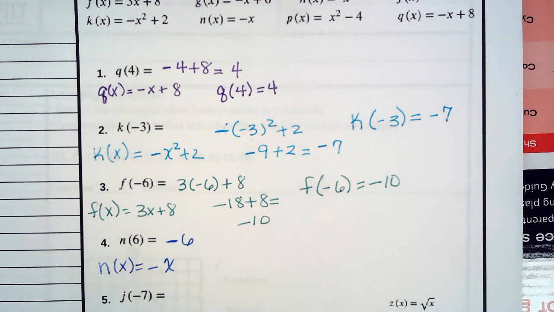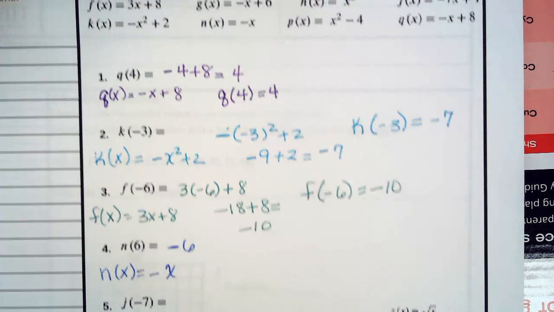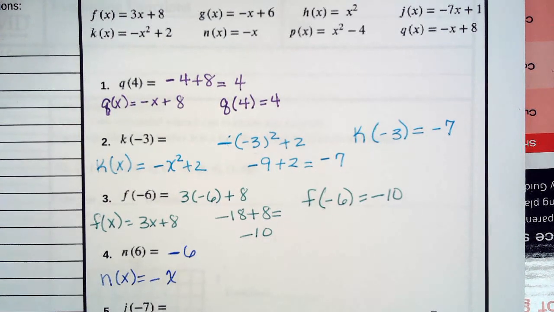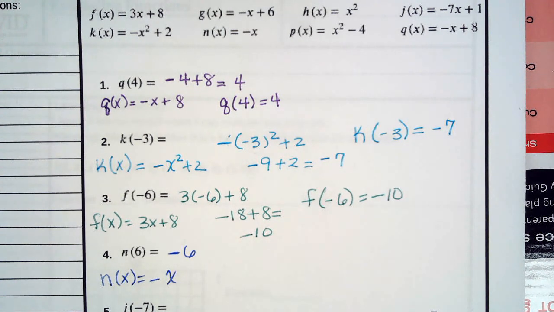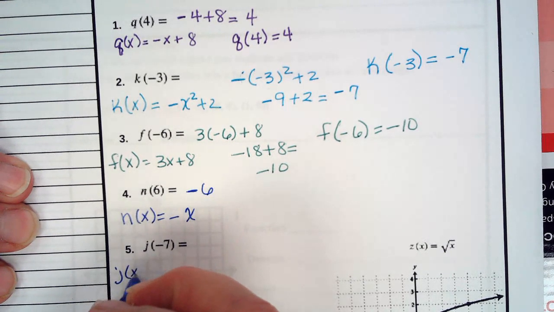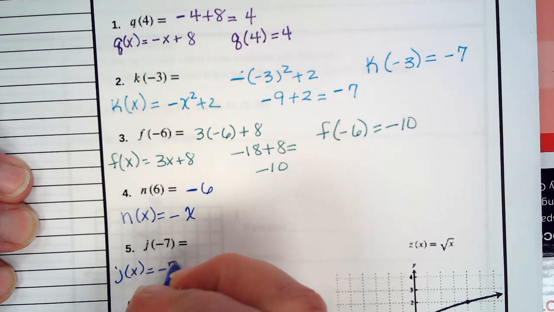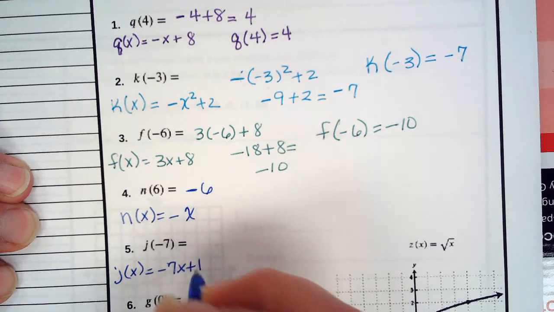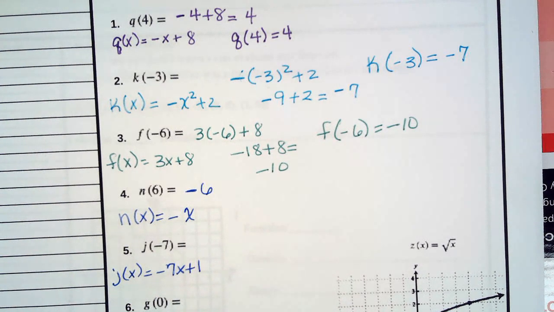What about j? Can you do j evaluated with negative 7 on your own? J evaluated with negative 7 is... j of x is negative 7x plus 1. What is our x value?